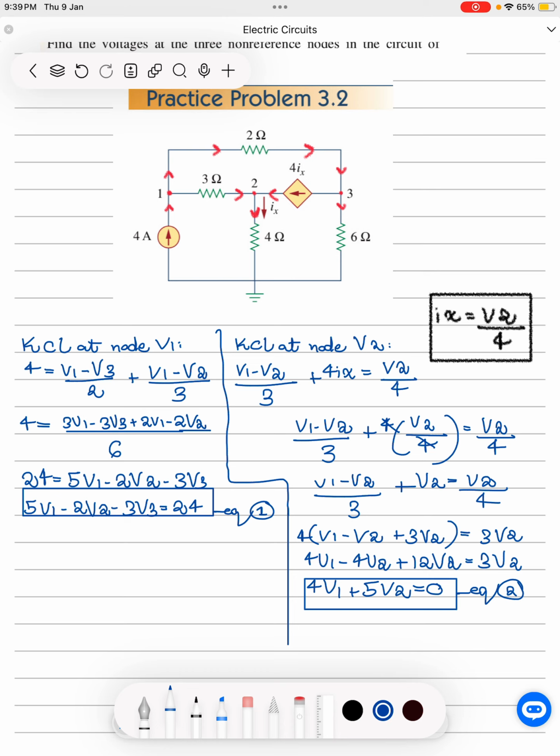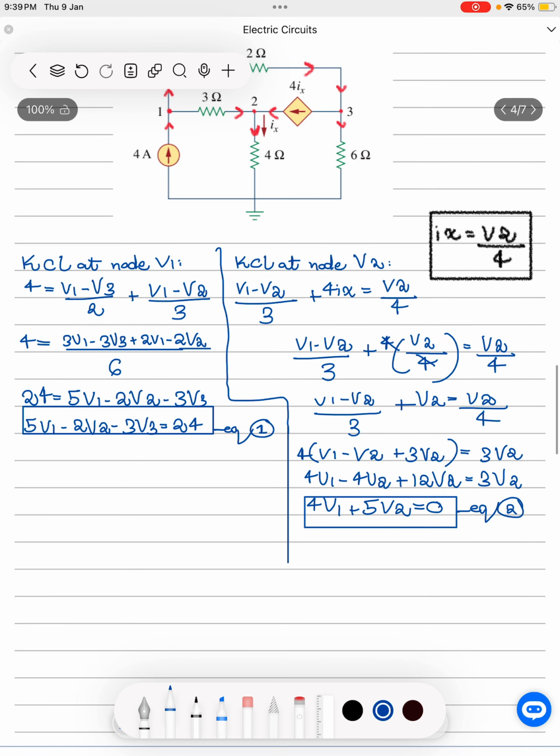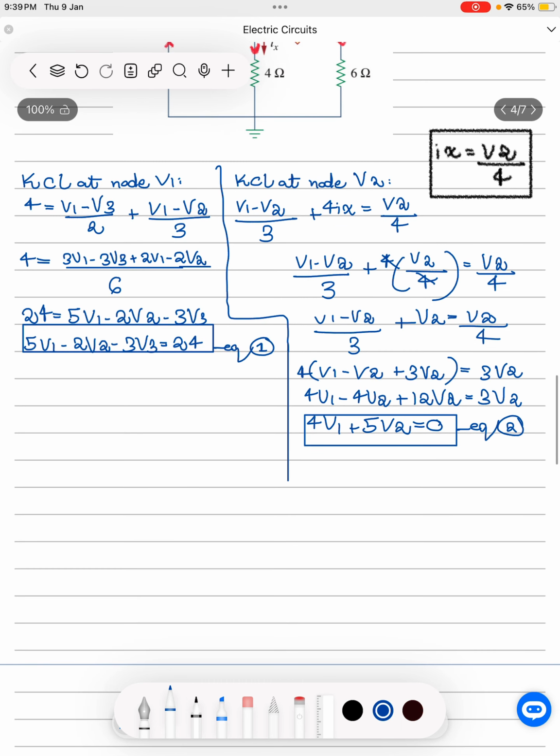We have to apply KCL at node V3. The current entering node V3 is this current, and the current leaving is this, and the current leaving is this as well. So let us write it down.